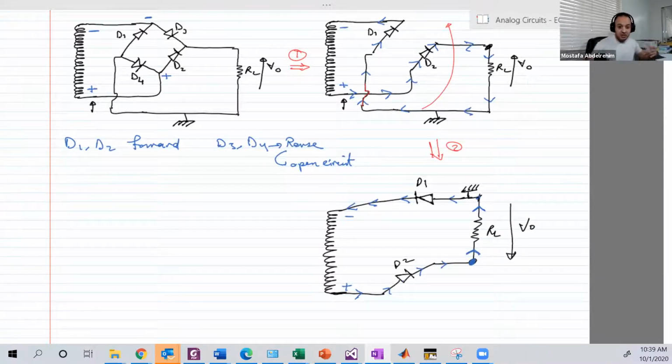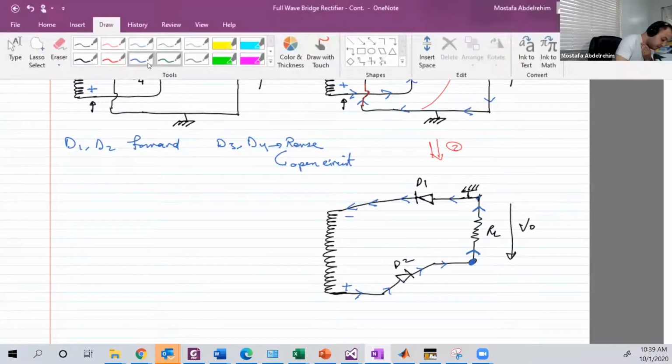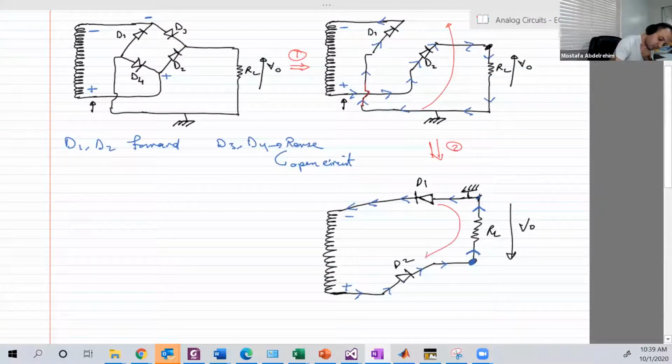Now we see the difference. Okay? So these are all in series. So I will move D2. I will move D1 to be just beside D2. Nothing new. We do that all the time, at least for the positive half cycle, to make the circuit look good.